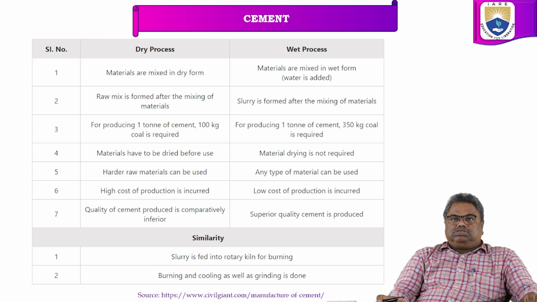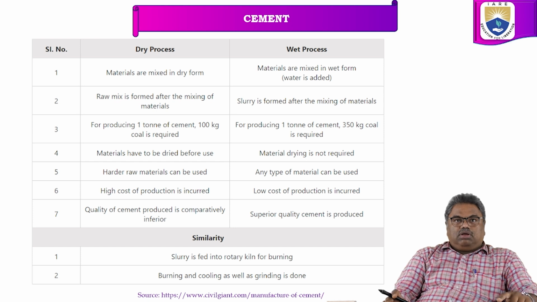In the wet process, the materials are mixed in wet form, because we are using water. The second one: in the dry process, a raw mix is formed after mixing the materials, while in the wet process, a slurry is formed after mixing the materials because we are using water.